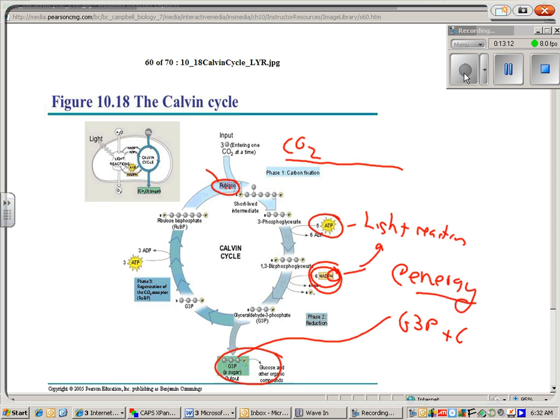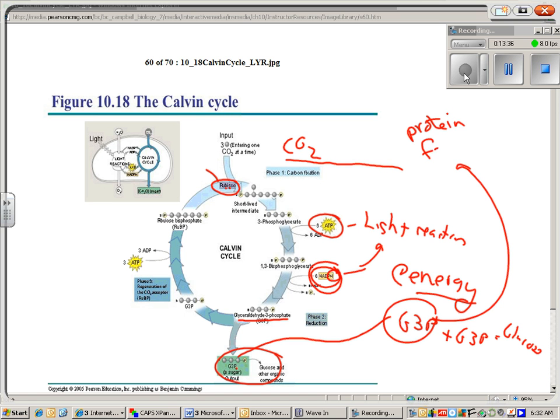If you put two G3P together, you get glucose. Okay? Glyceraldehyde 3-phosphate is the name. The phosphates are taken off, and you're left with a sugar. The cool thing about G3P is it can also become a protein, and it can also become a fat.